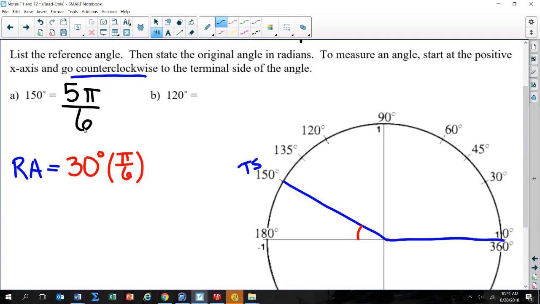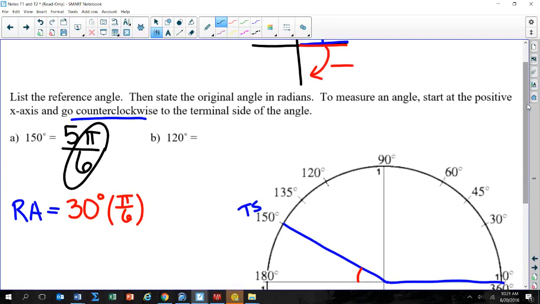Does everyone agree that 5 times pi over 6 is 150? That's really just like saying 5 times 30. That's an easy way to get it into radian form. You just ask yourself, what times the reference angle gives me the original angle? 5 times the reference angle gives me the original angle.